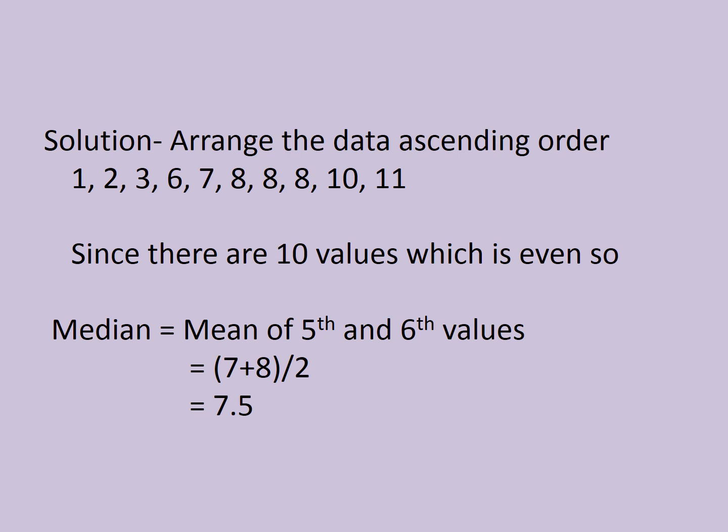Fifth and sixth value, that is 7 is the fifth value plus 8 is the sixth value, divided by 2, and the answer is 7.5. Again I highlight that you cannot take the average of 5 and 6 and write your answer as 5.5. That is wrong. You have to take the average of the fifth and sixth values, so we come to the answer 7.5.